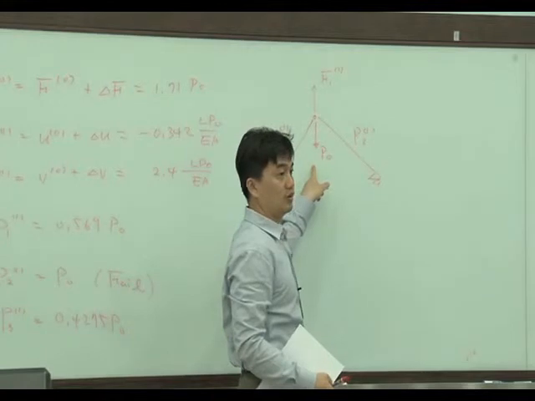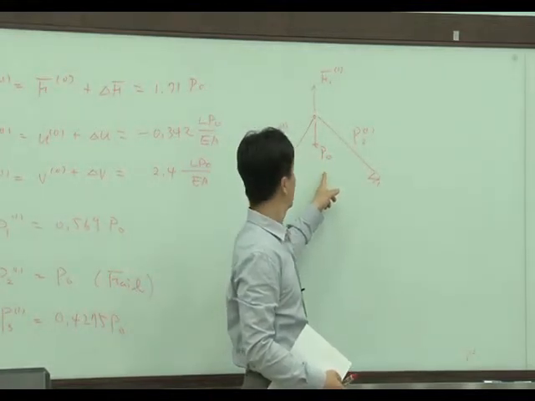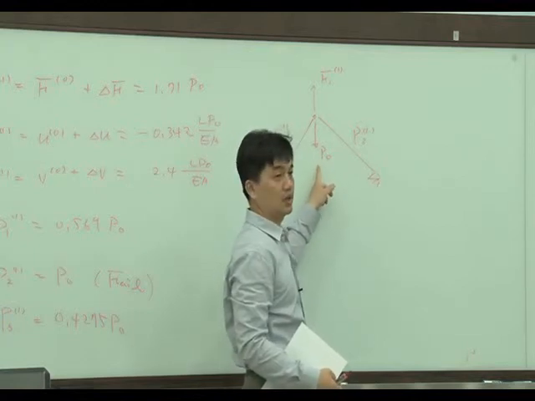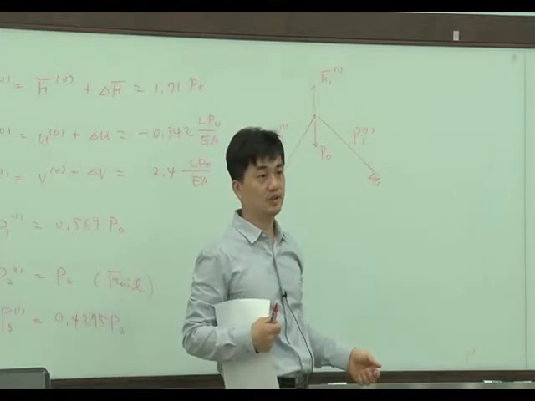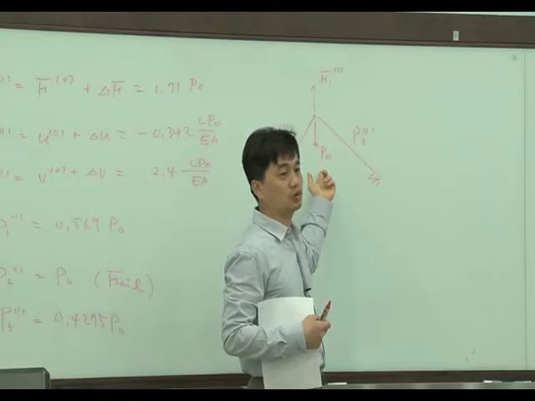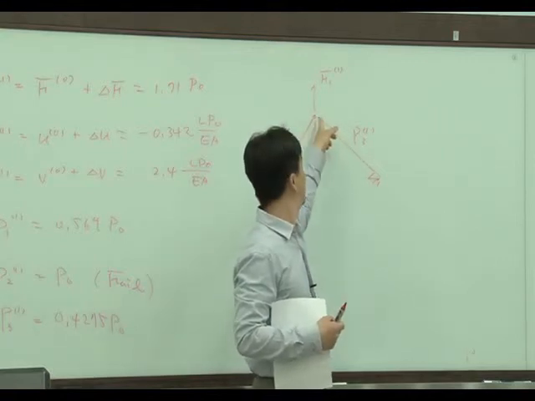So this member 2 always gives the force P0, even if it's stretched more, right? So it can be modeled by just the force P0 applied at the point here.